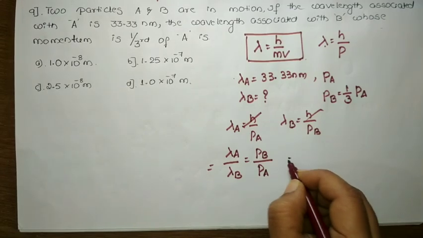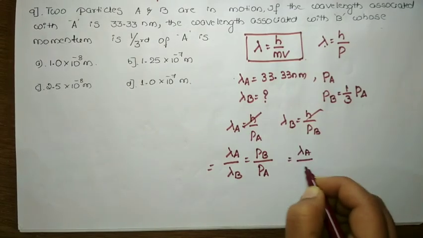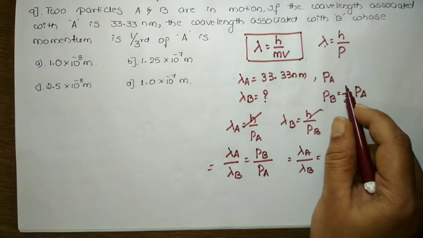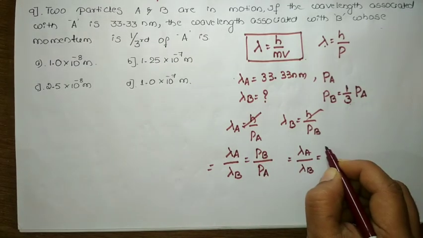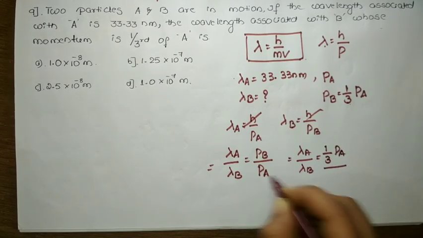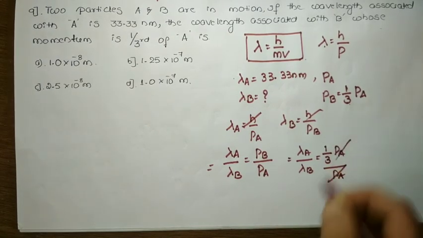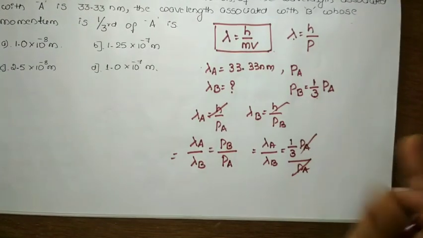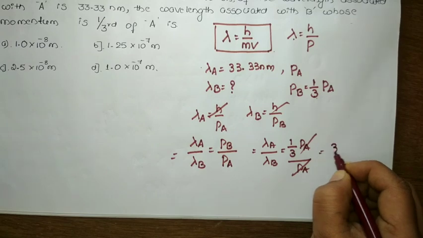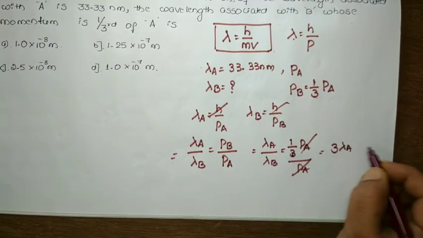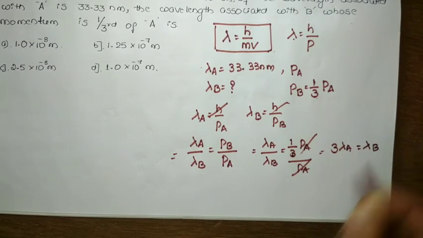PB is 1/3 of PA, so PA gets cancelled. What is left is 3 into lambda A is equal to lambda B.